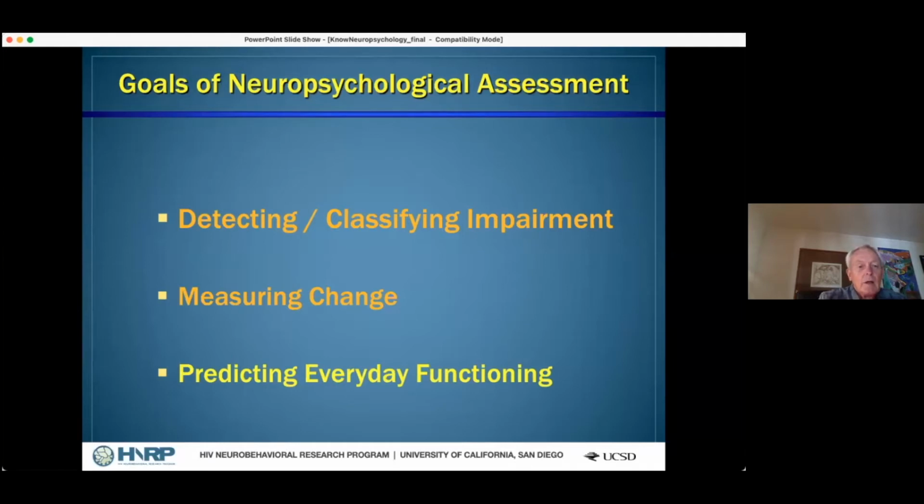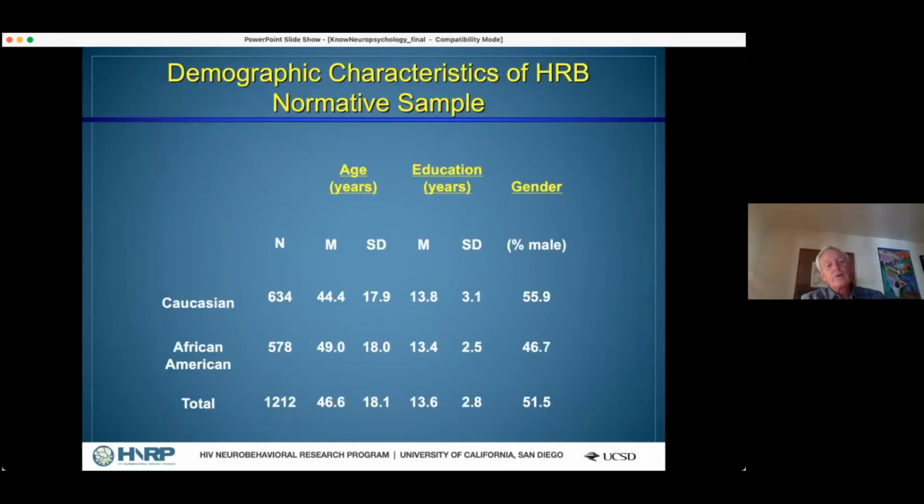Secondly, we use our tests to measure changes in cognitive functioning over time, either improvements after an acute insult to the brain, in recovery or treatment effects, or decline with progressive illness. And the third one is predicting everyday functioning, but I won't be talking about that today. I will try to address the use of norms with these first 2 goals of neuropsychological assessment.